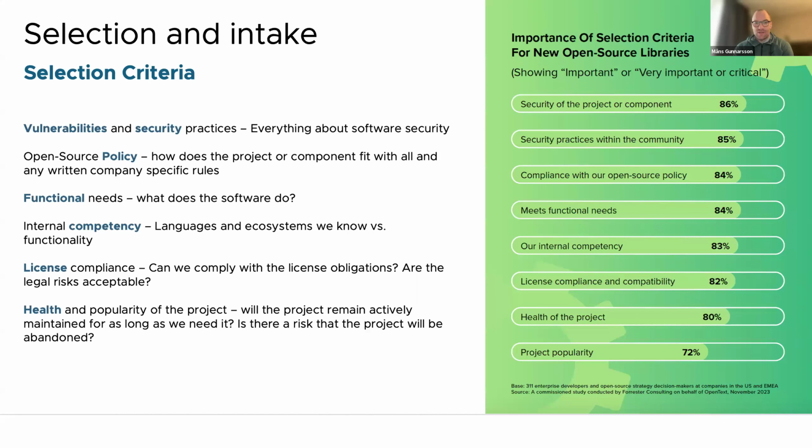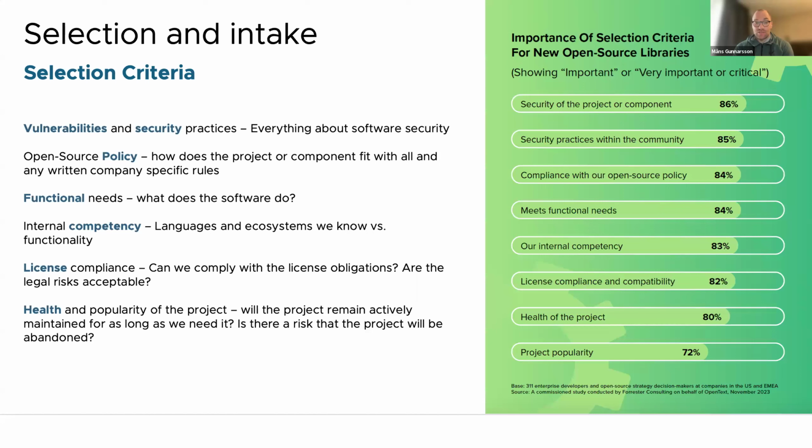Next up, we have compliance with open source policy, which means how a project or specific component complies with any written rules that a company has related to using open source. If you don't know, this is a more or less formal document that companies maintain with any rules related to open source in that business.